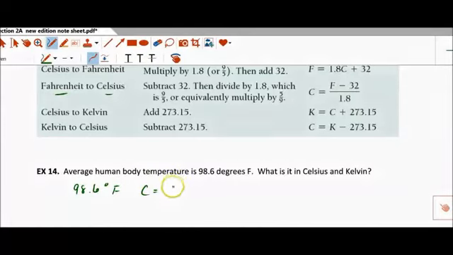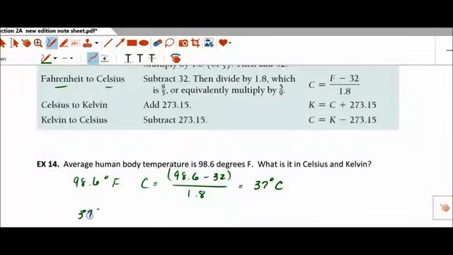So the Celsius will be the current Fahrenheit minus 32. Now remember, order of operations, this has to be done first, then take that result and divide it by 1.8. So I come up with 37 degrees Celsius.